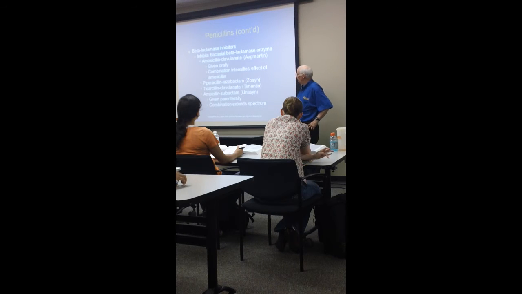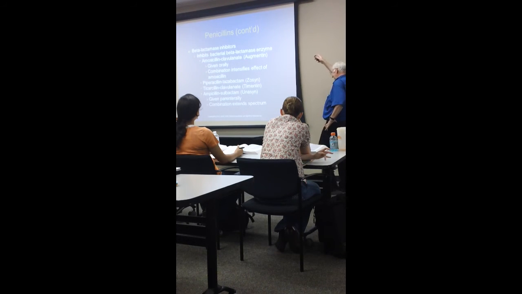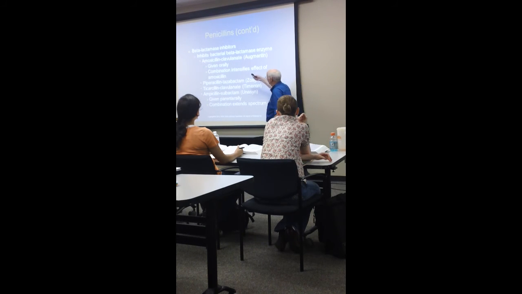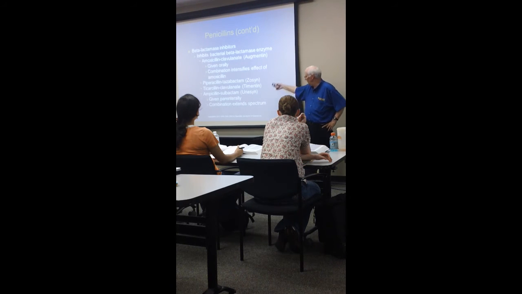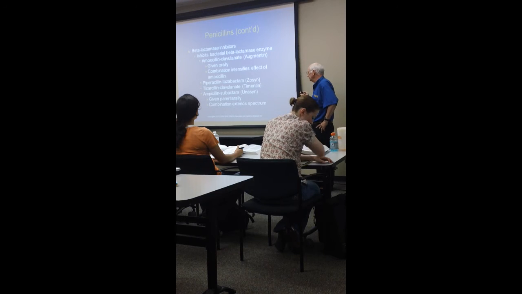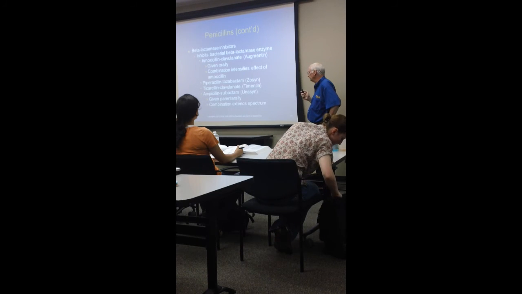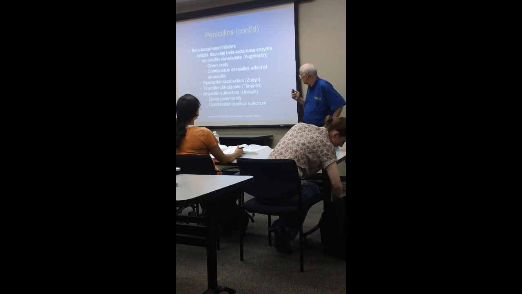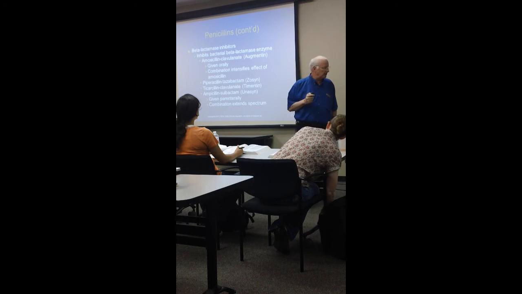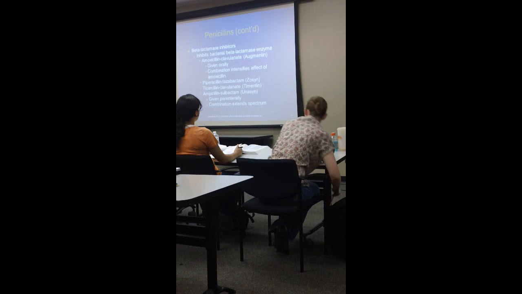We talked about already the bacterial beta-lactamase, how it's given. Combination intensifies the effects of amoxicillin, and then the examples of different kinds of medications here. And we say it's given parenterally. How's it given? IV.